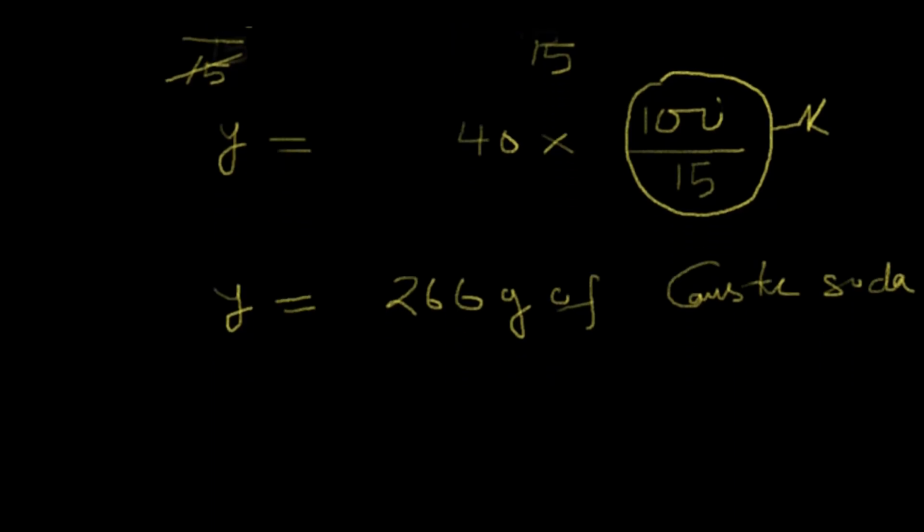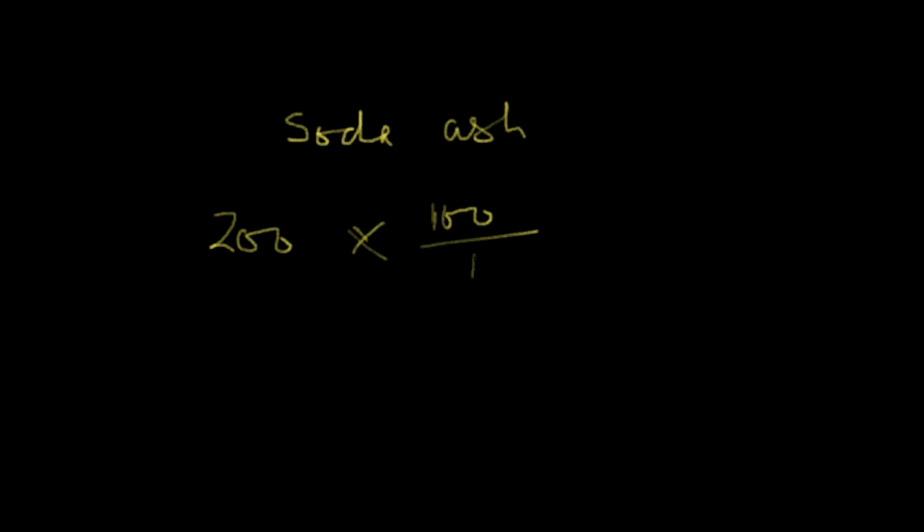Take for example, you want to calculate the quantity of soda ash required to produce 100 liters of liquid soap. All you're going to do is to multiply the 200 required to produce 15 liters of liquid soap by 100 over 15.